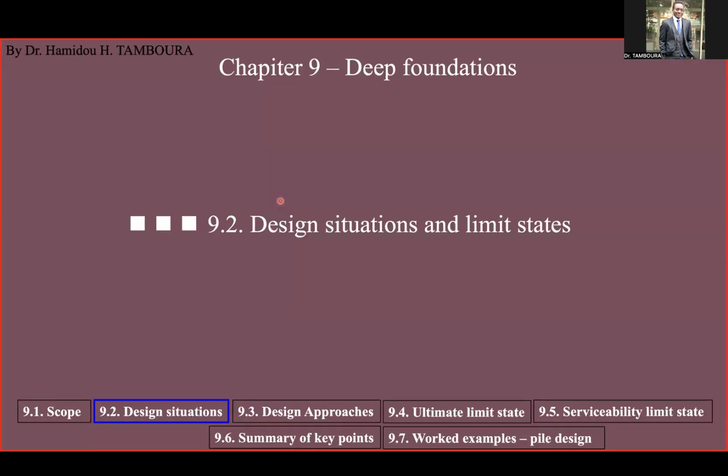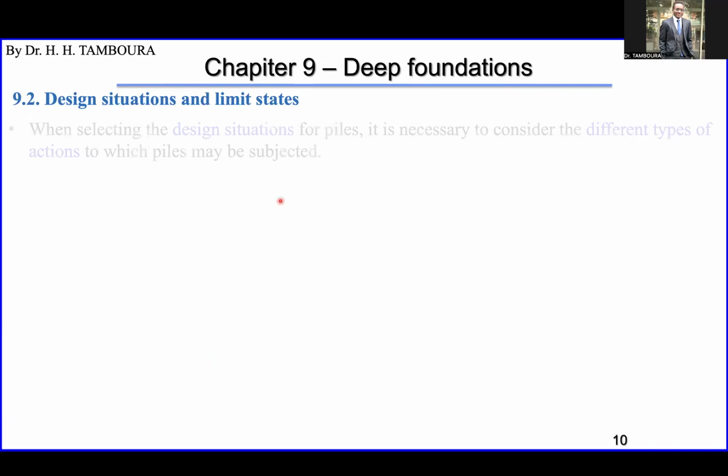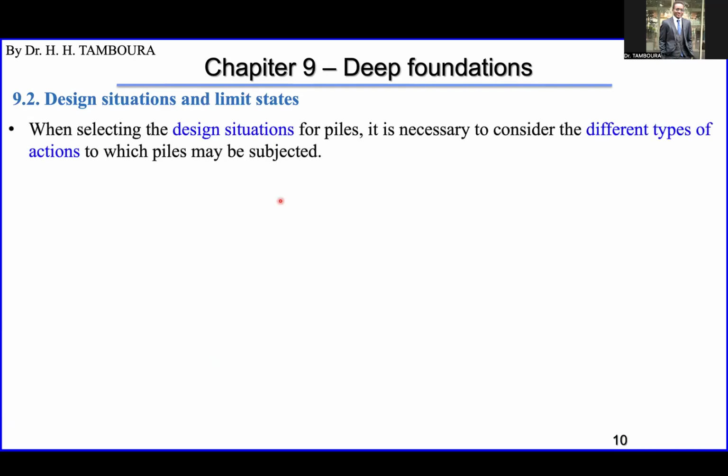Let's go to the second point of this chapter, design situation and limit state. If you want to design a pile, it is necessary to consider different types of action.